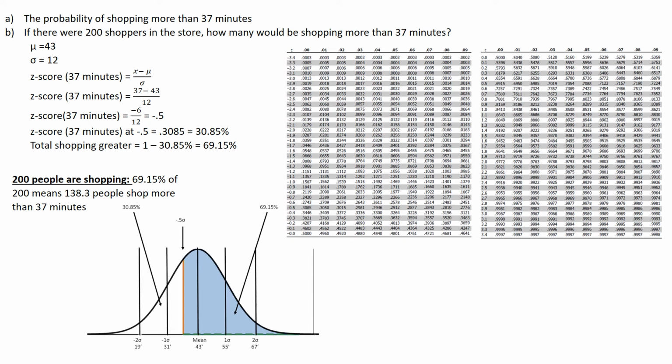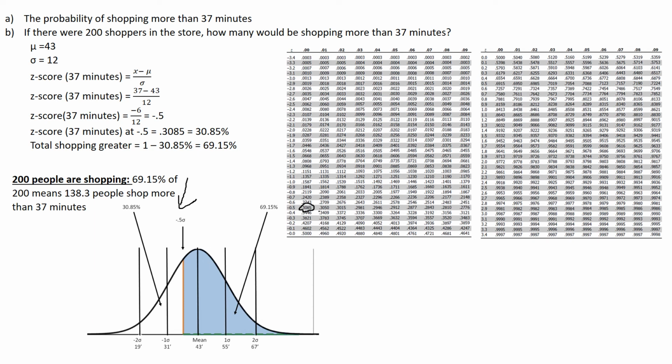We already figured that one out on the previous page, and that's where we got this right here. If you forgot, here is negative 0.50, which is 30.85% right there.